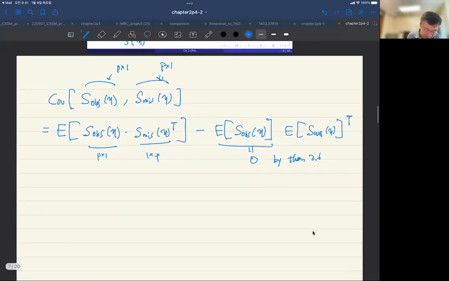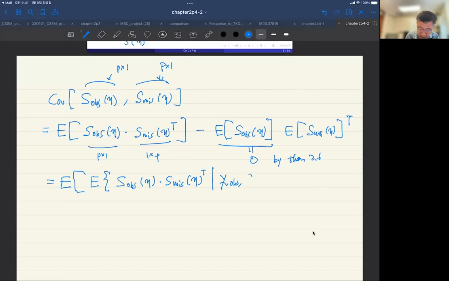And now what we can use is the conditional expectation, transpose given y obvious and delta. Okay, it's a product.